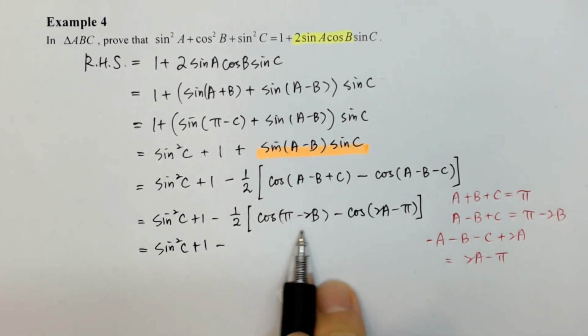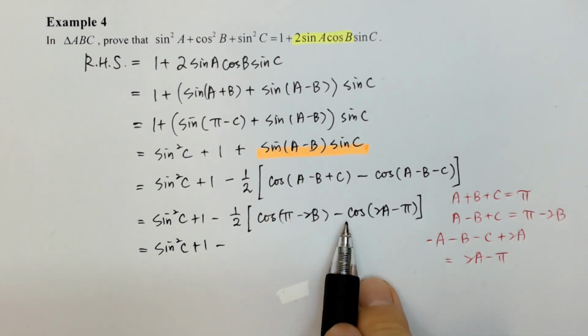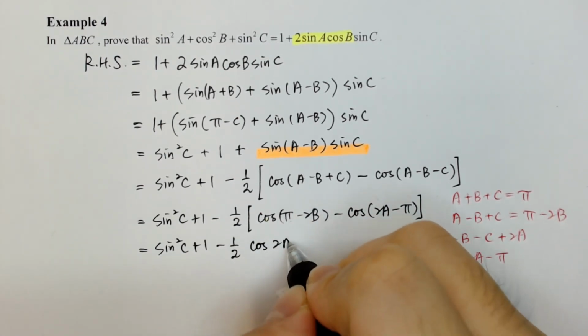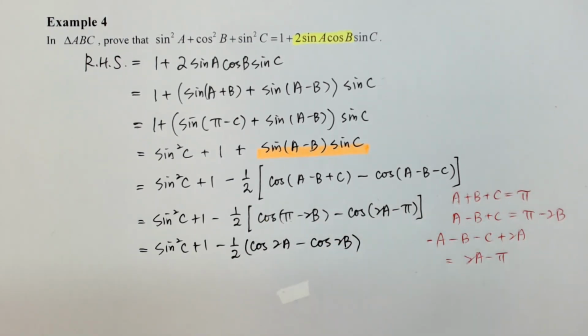We have negative of cosine 2B, and here we have also negative of cosine 2A. And with the negative sign in front it is a positive, so I will write cosine 2A in front. Okay, we nearly get the result.